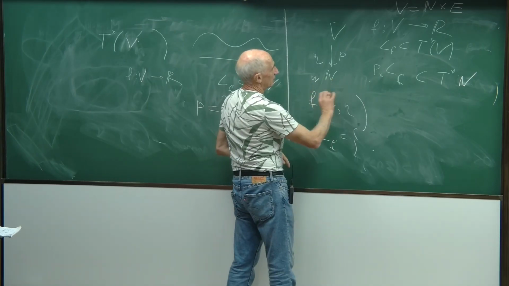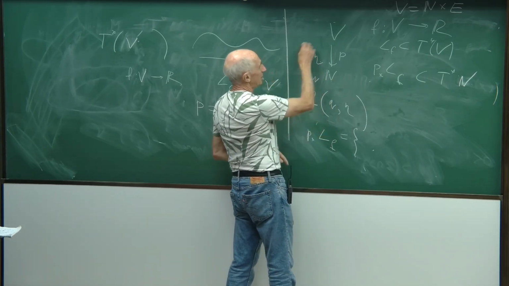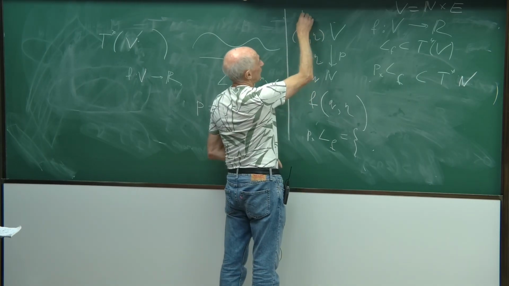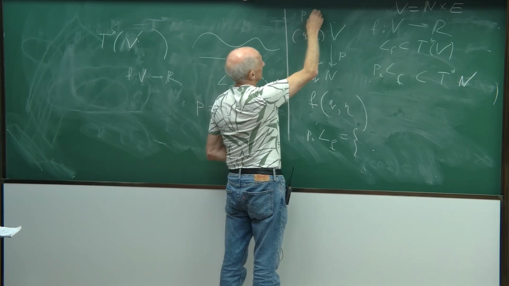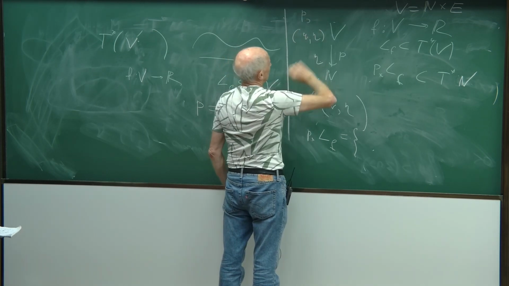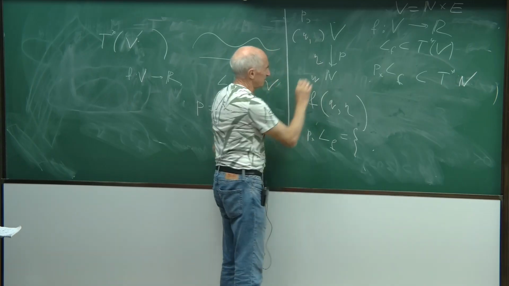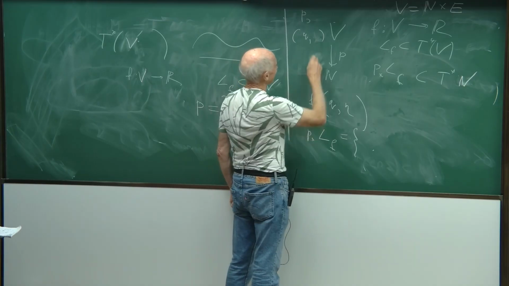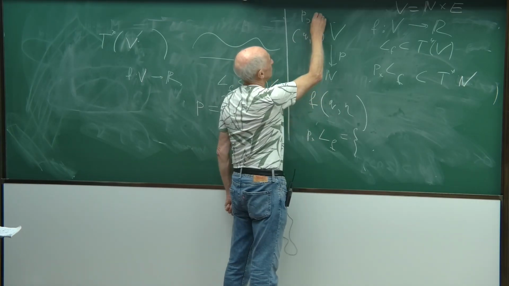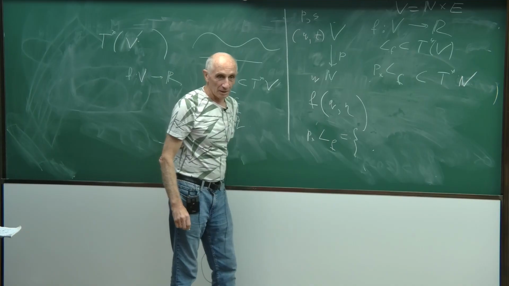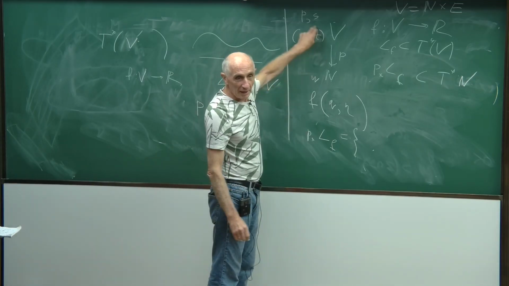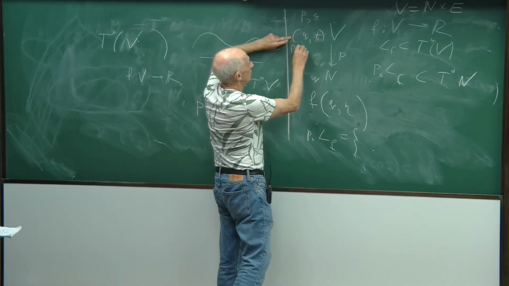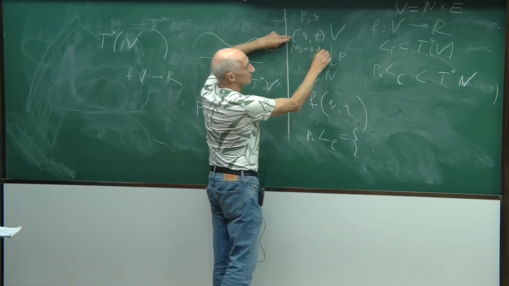Here you have the variable q, t, a point, and in the cotangent bundle the dual variables, which I call p and s. So you have q, t and p, s, and the form is p dq plus s dt.